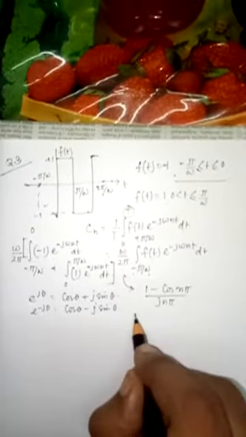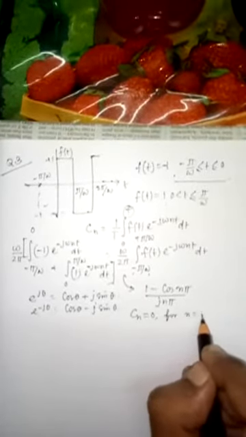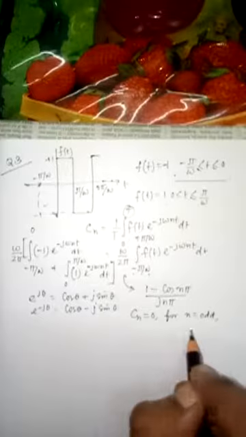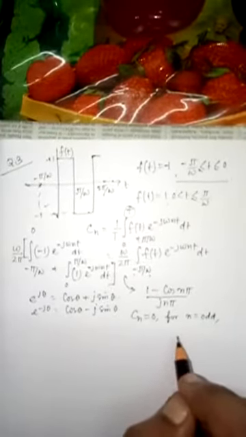Now Cn equals 0 for n equals odd, otherwise you will get the entire Fourier series using this particular term.